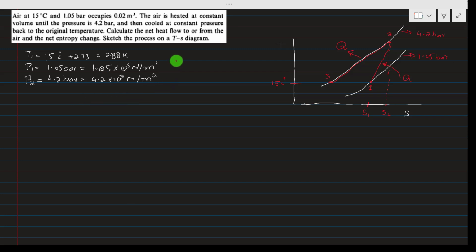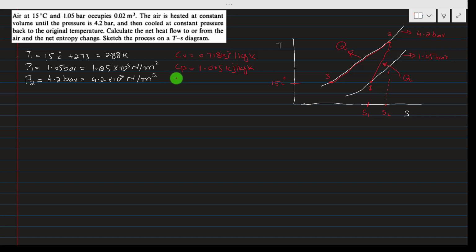Before solving this example 4.3, you will need the Cv value, that is 0.718 kilojoule per kg K, and the Cp value, that will be equal to 1.005 kilojoule per kg K. These are constants for constant volume and constant pressure for gases and air.